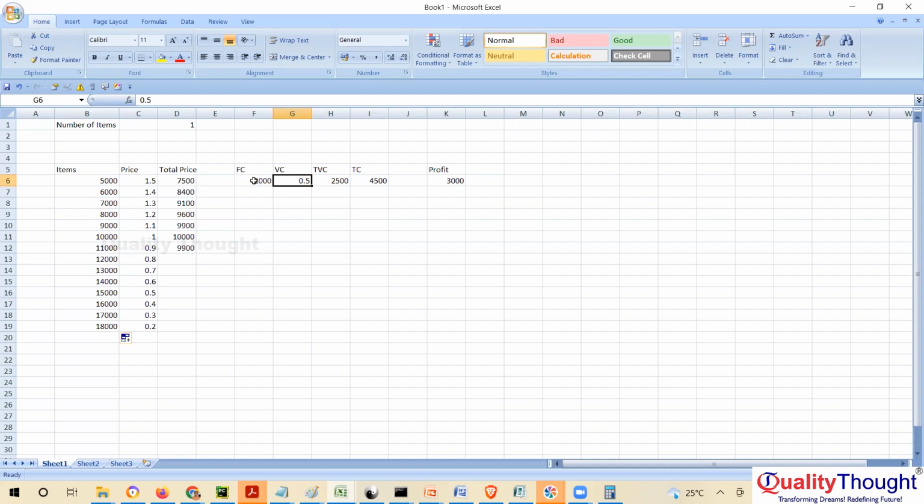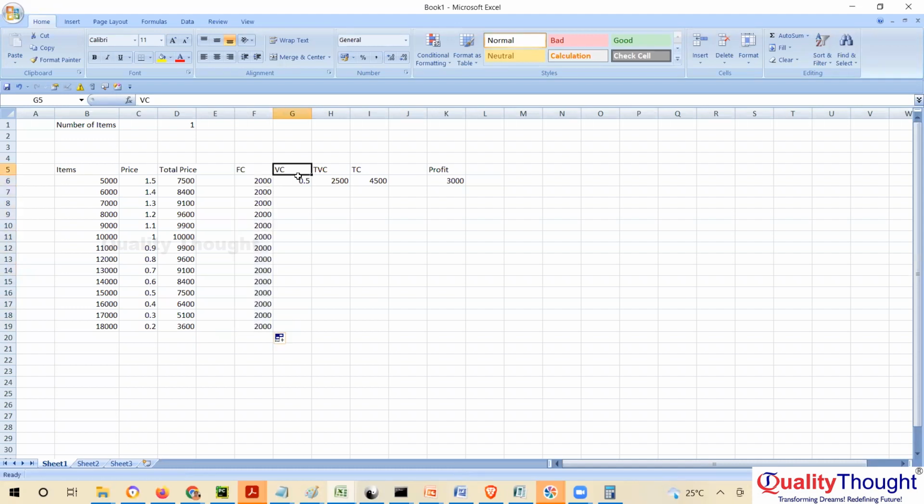Then you have fixed cost. Assuming that fixed cost is 0, let's say the fixed cost is not there, still you can't produce below 0.5. Okay, we'll do it and see what happens. Now your total price is also decreasing, right? Fixed cost will remain 2,000, whatever it is. Fixed cost will not change.